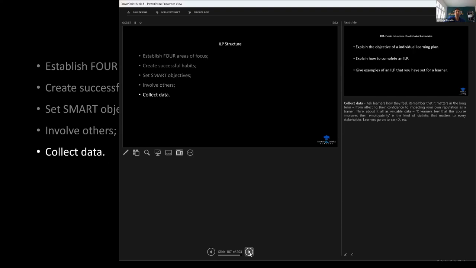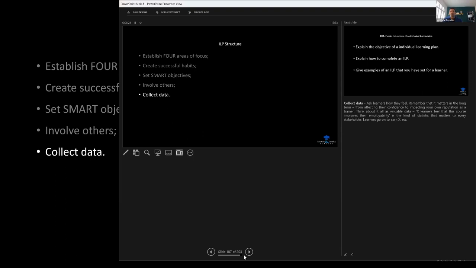Then you've also got collecting data. So why would you collect data? Again, to reflect back on, to cover any statistical analysis, to review, to learn from. This data is critical if you're doing funded courses, actually, because it's all about where learners go.